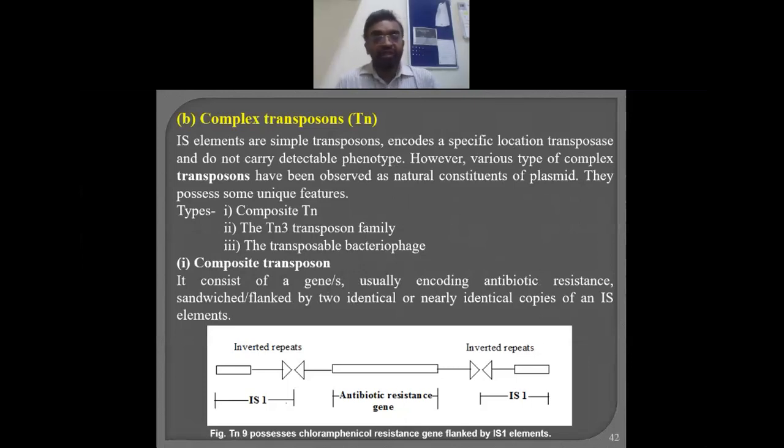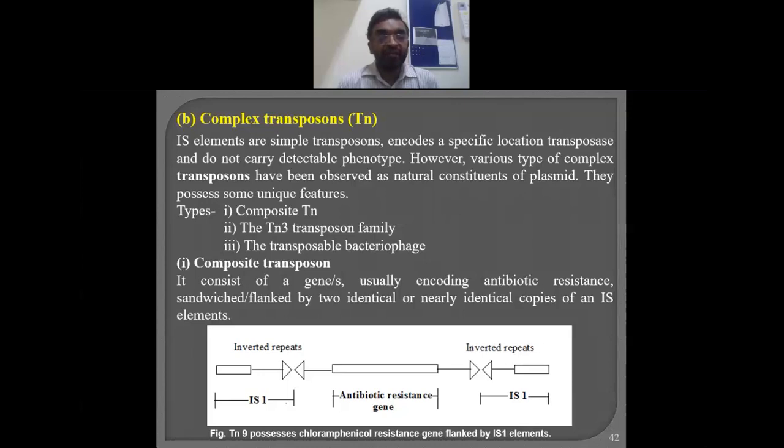Now in this lecture we are going to continue the topic, and we are going to focus on the complex transposon. As compared to the IS element, the complex transposons have some additional features. Beside the characteristic features of IS elements, those are present there, but along with those structures, other structures are also there.